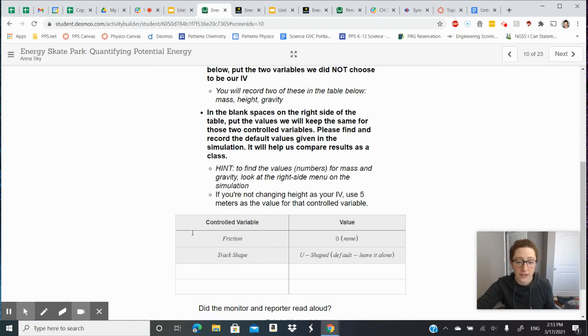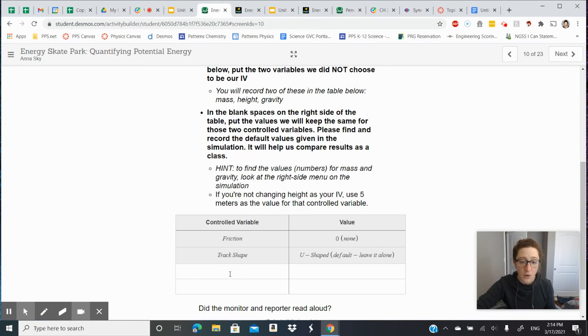So you were given these three choices of independent variables: mass, height, and gravity. Let's say that you were like me and you selected gravity as your independent variable. Well, then you need to make sure that you're keeping mass and height the same, so that you're always checking the potential energy at the same height, and you don't want to be changing that person's mass because that can affect your results as well.